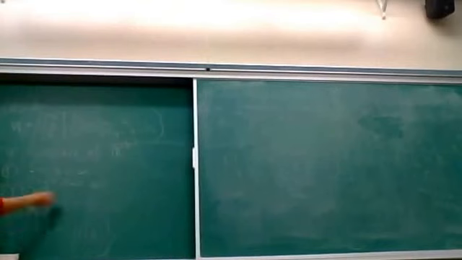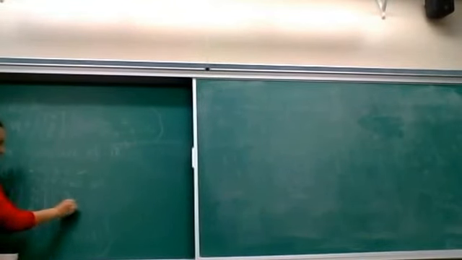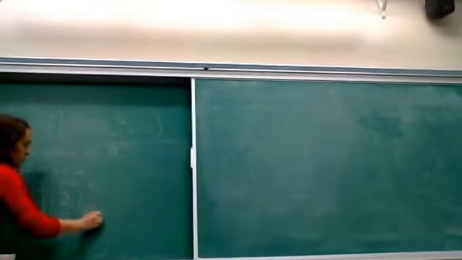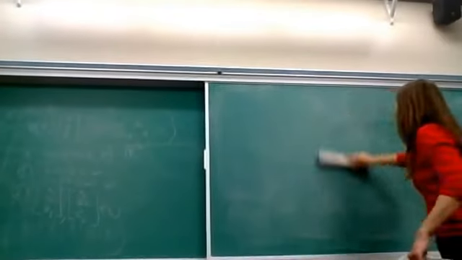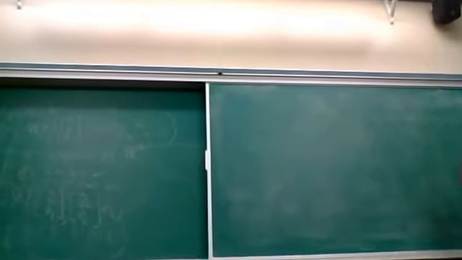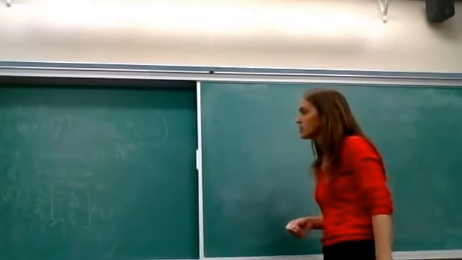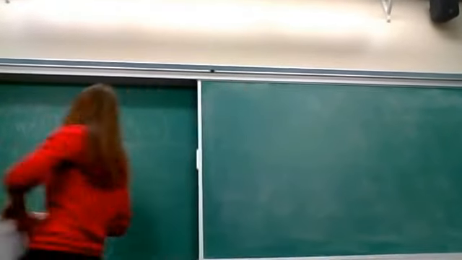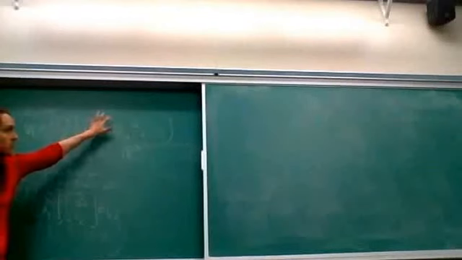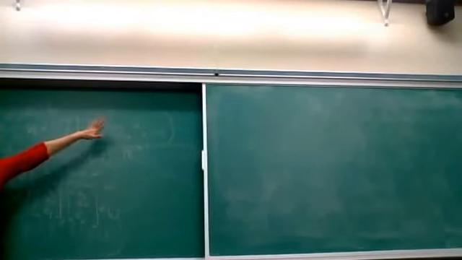Now for the second condition, we have to take any x1, y1, z1, and any x2, y2, z2 in W. We have to show that their sum is also contained in W. W contains vectors whose coordinates satisfy these equations.